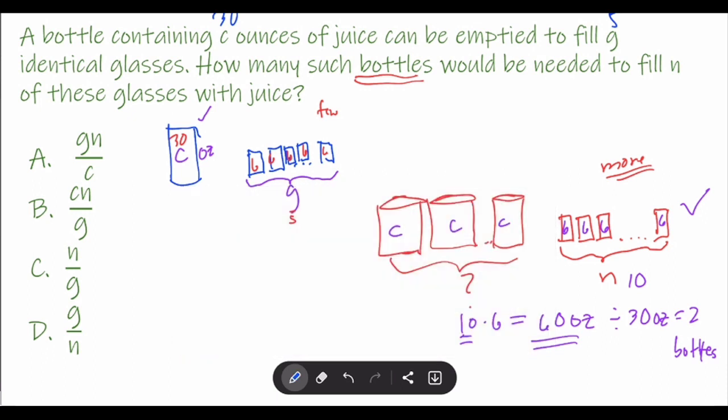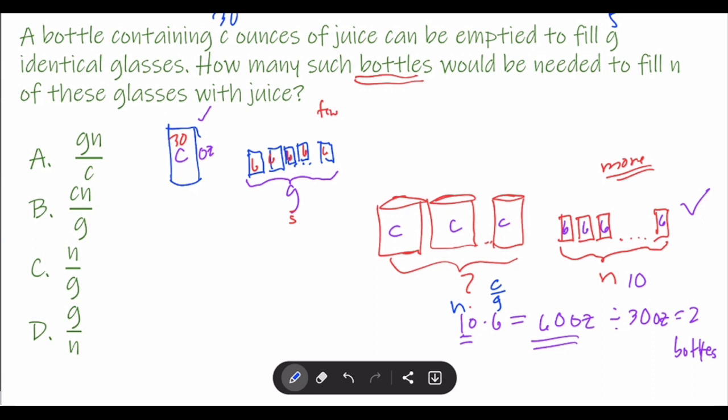So the 10 is coming from the N. The 6 is coming from C divided by G, because that was 30 divided by 5.